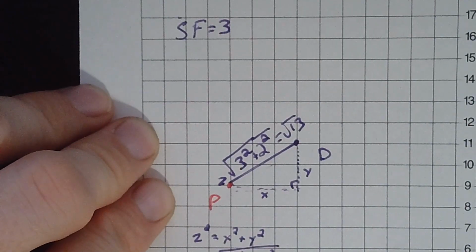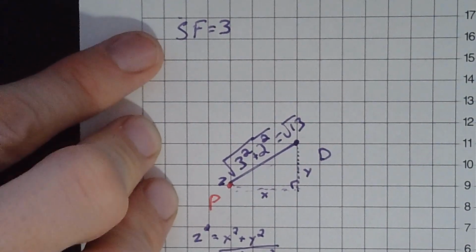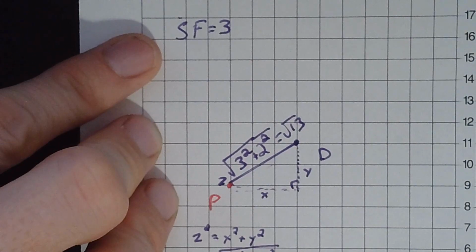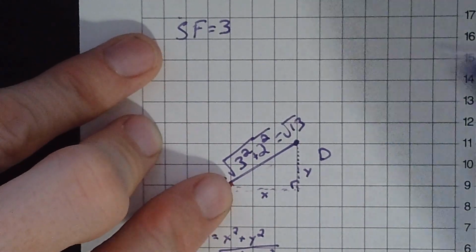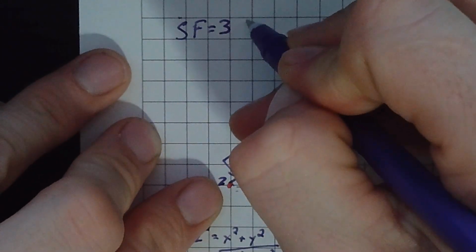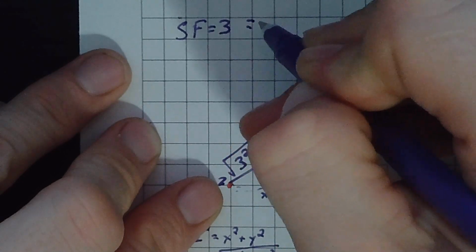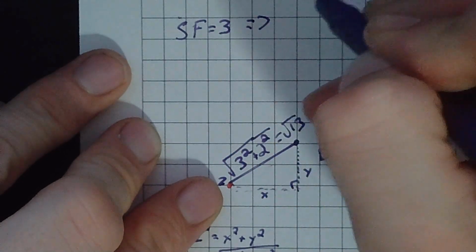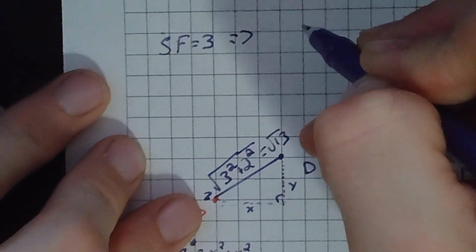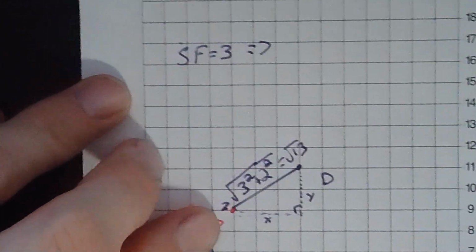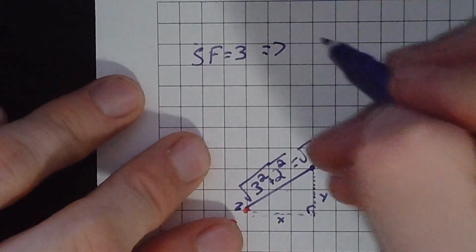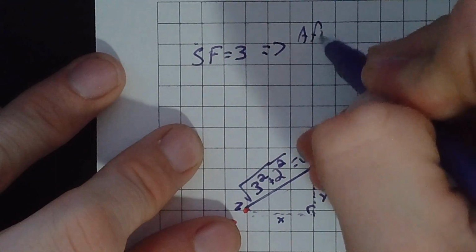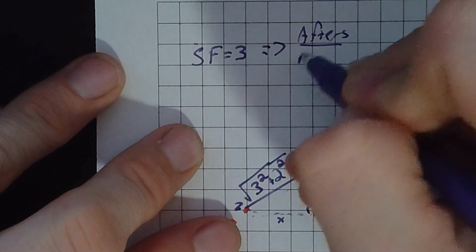Okay, so we can do that and figure that out, and we'll show you how to do that right now. Now remember, scale factor is just the amount that you multiply things by, and there are ways to figure that out. It's kind of a refresher, right? If you have certain points already and you're trying to figure out scale factors, it is your afters divided by your befores.